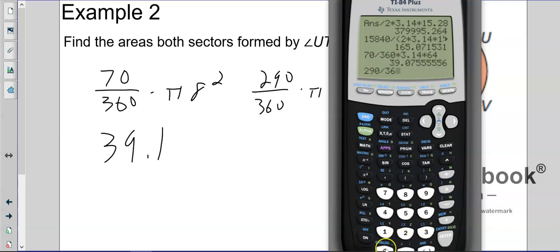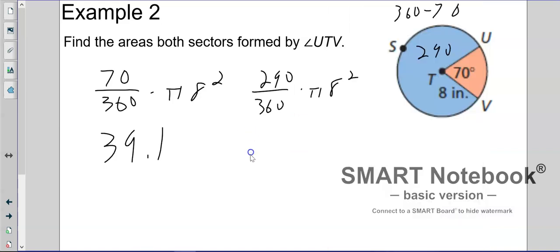And again, if you use the pi key, it's going to be a little bit different, but that's fine. Times 3.14 times 64. And you get 161.9.